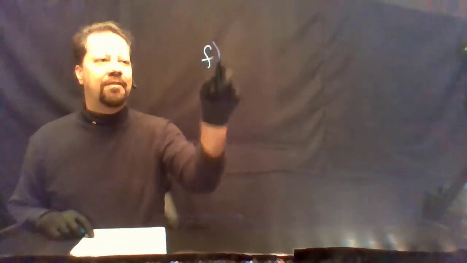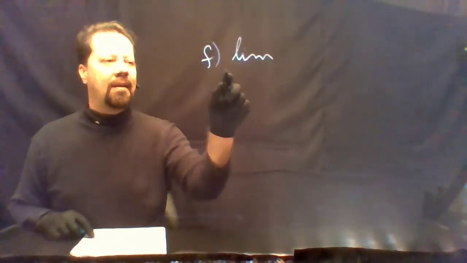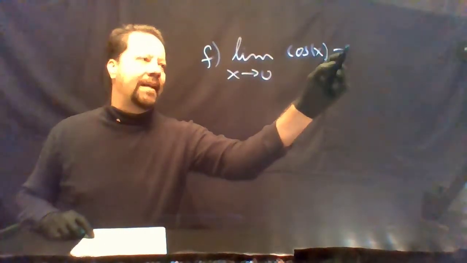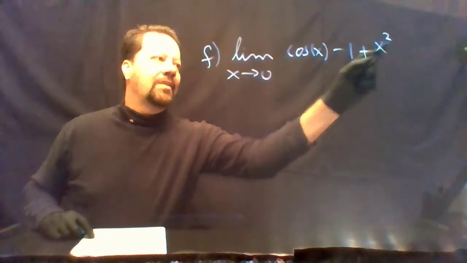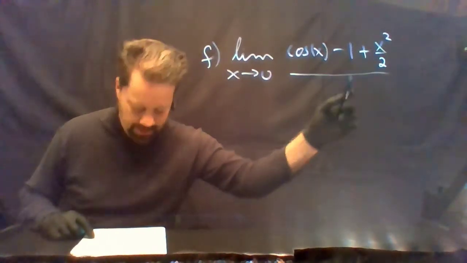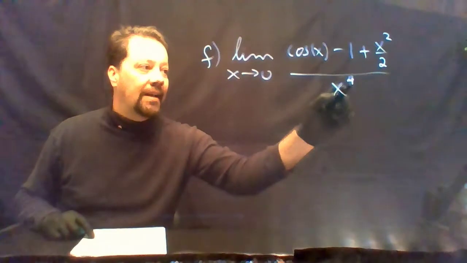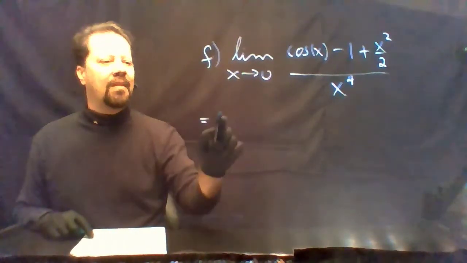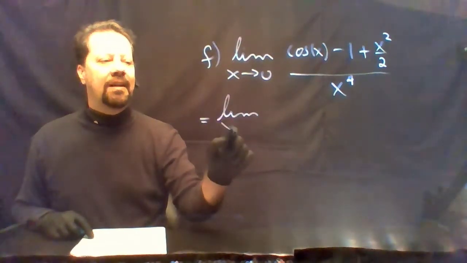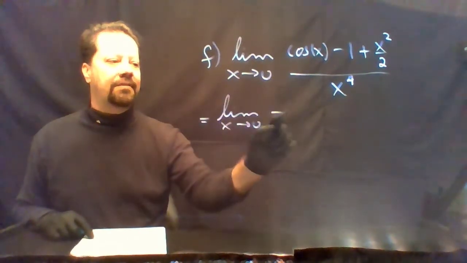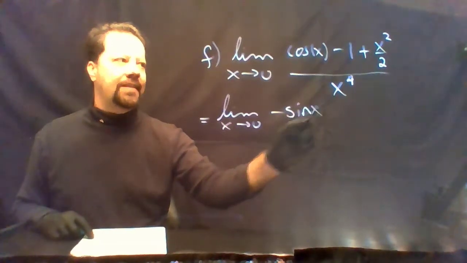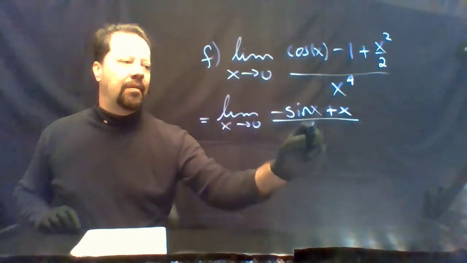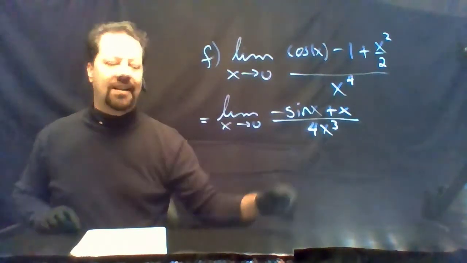On part F, we're taking the limit as x goes to 0 of cosine of x minus 1 plus x squared over 2, and we are dividing by x to the 4th power. Again, a L'Hopital's rule problem. This gives us the limit as x goes to 0 of negative sine x plus x over 4x cubed.